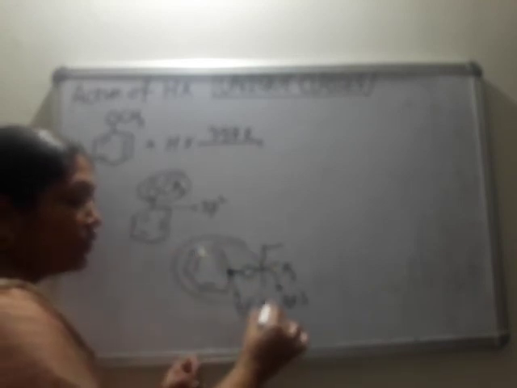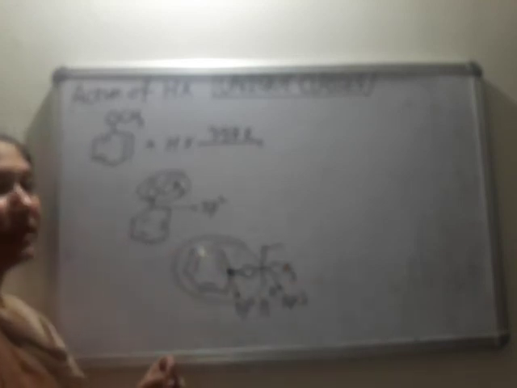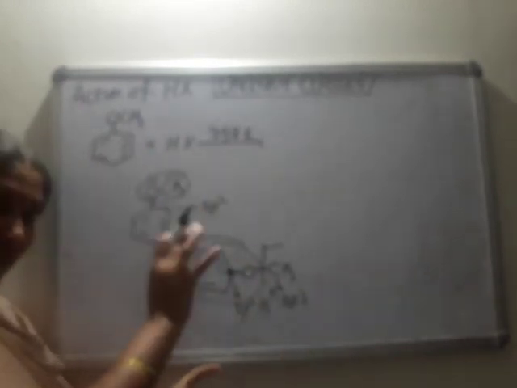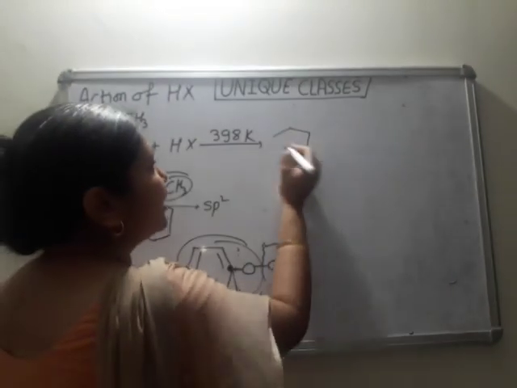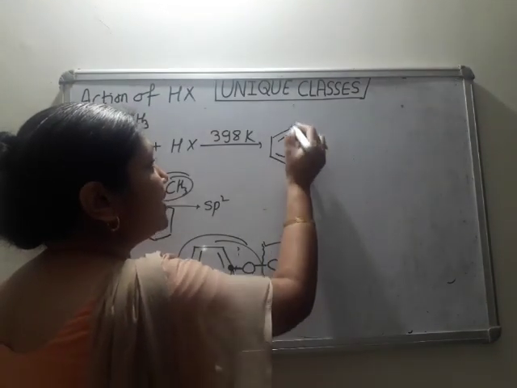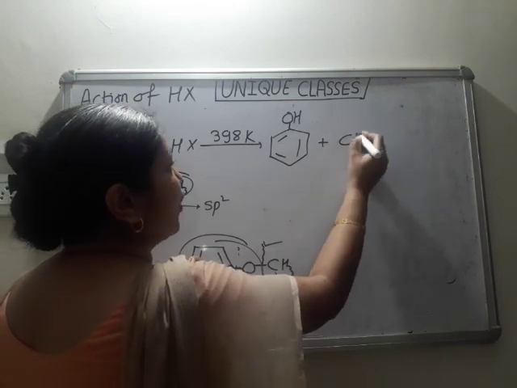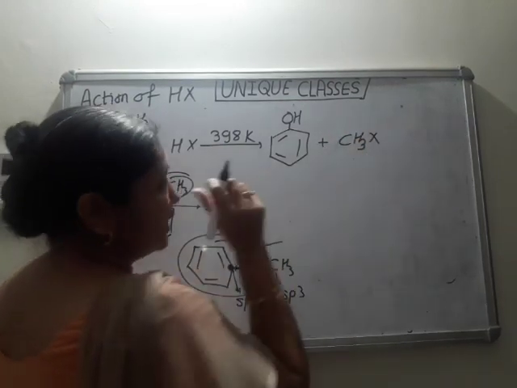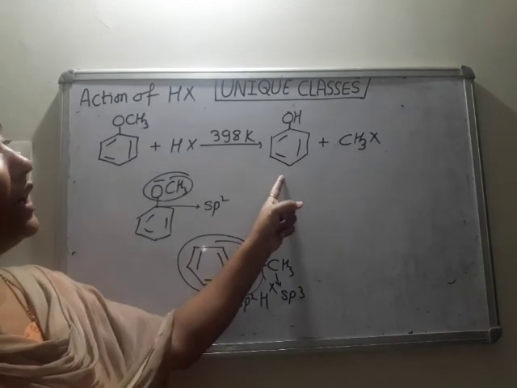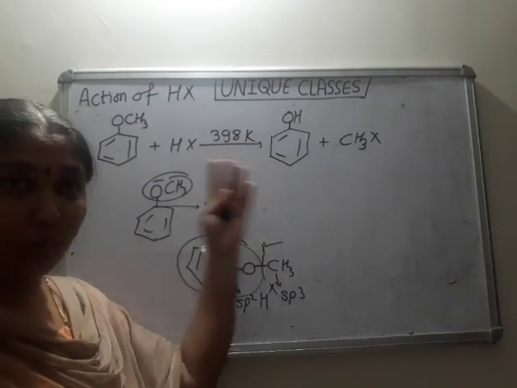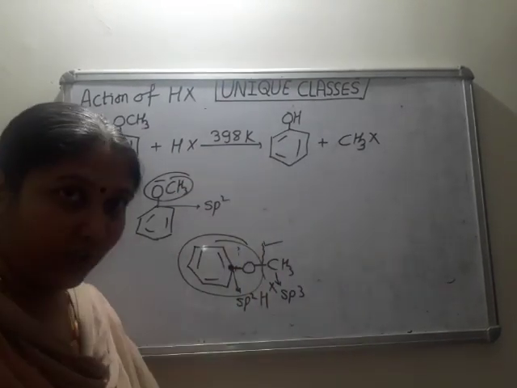So H goes to this and X goes to this. So always, when anisole is treated with HX, we get the product phenol, and another substance formed is CH3X. Here we don't get iodobenzene or bromobenzene or chlorobenzene.